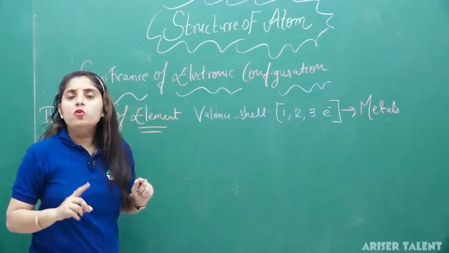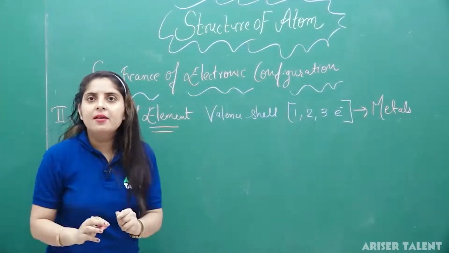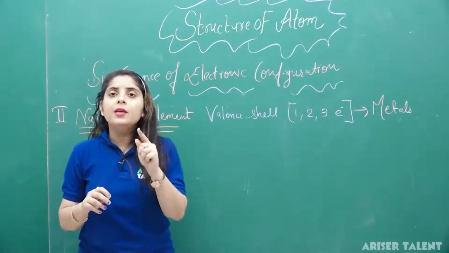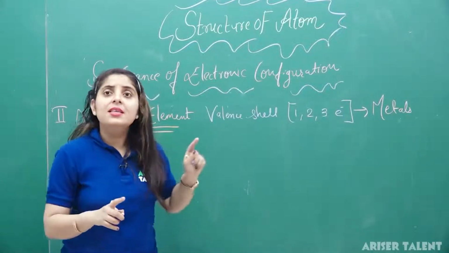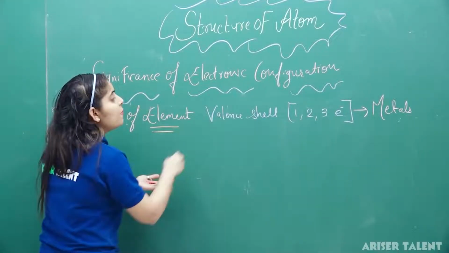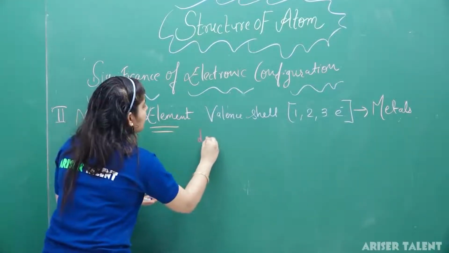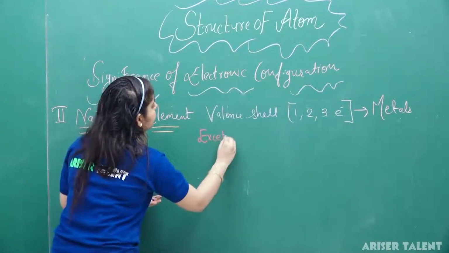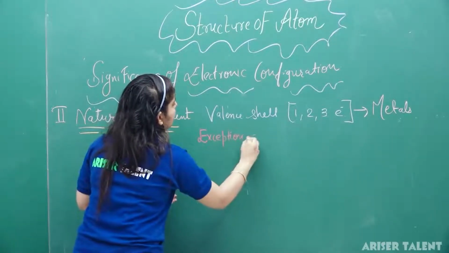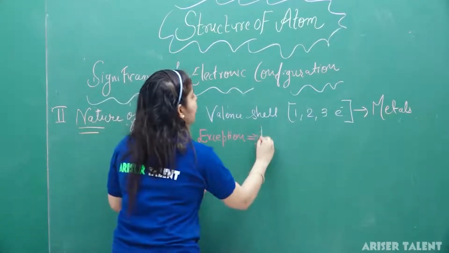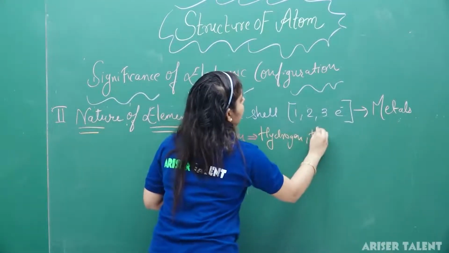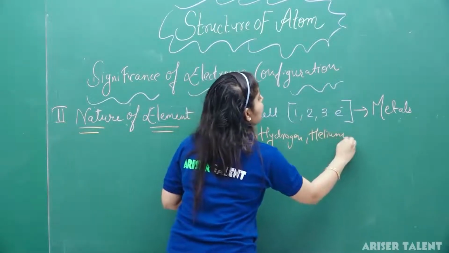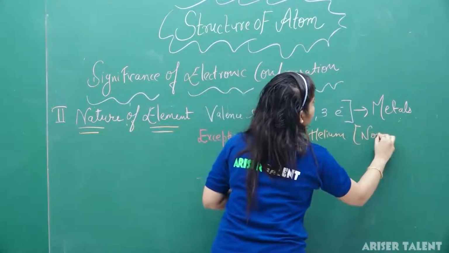But hydrogen and helium are exceptions here. Hydrogen and helium have only 1 electron in their outermost shell, but these are not metals, these are non-metals. So, we have one exception over here: hydrogen and helium. These are basically non-metals.